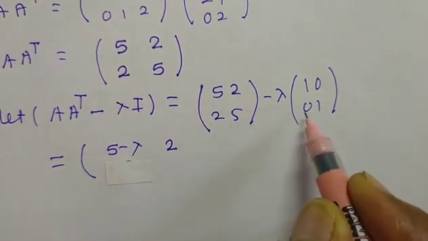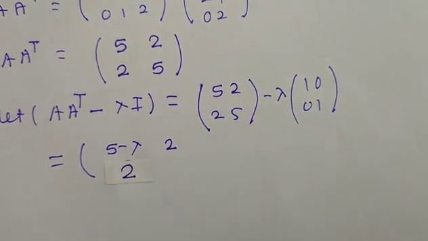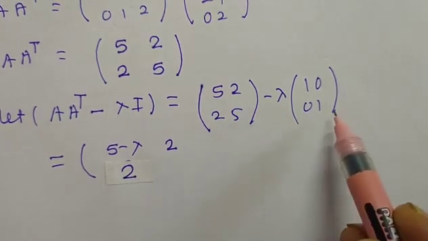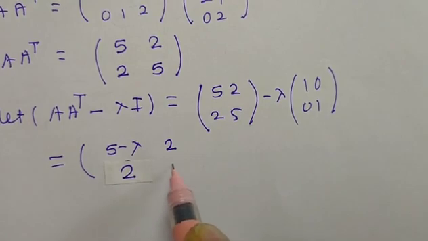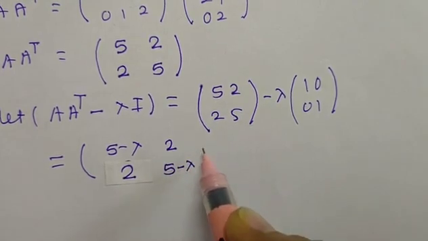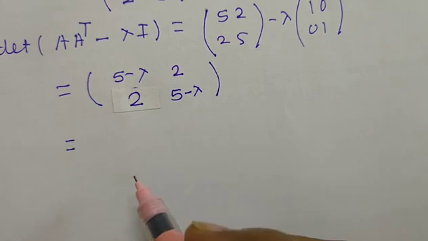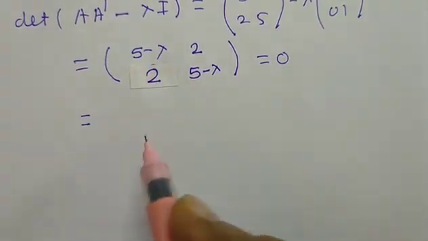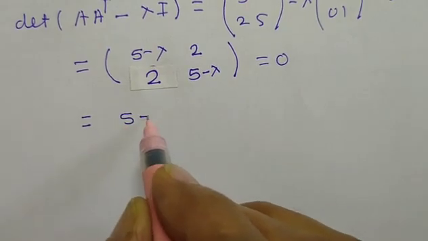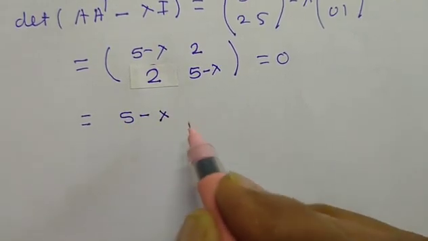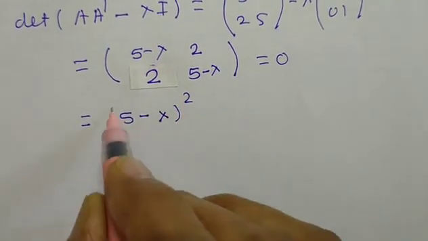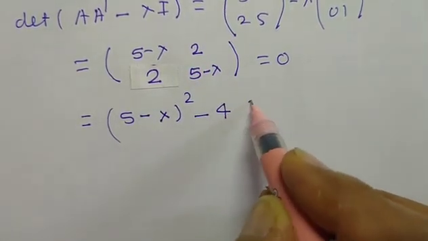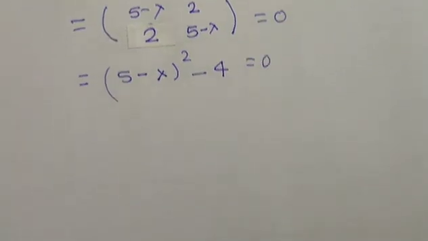Now 2 minus 0, that is 2. And finally 5 minus lambda. Okay, determinant. This into this, that is 5 minus lambda, its square, minus 2 to the power 4... minus 4. Okay, that is equal to 0.